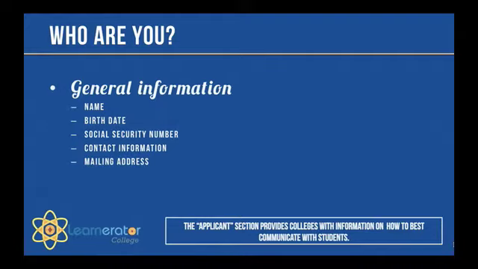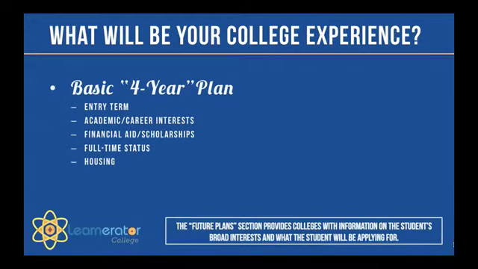So there's really not much to this section of the Common Application, but what it does for colleges is it provides information on how to communicate with you, and what you'll also find is that for scholarships and pamphlets and everything that schools send to your mailing address, they will have to have this information in order to address it to the correct location.